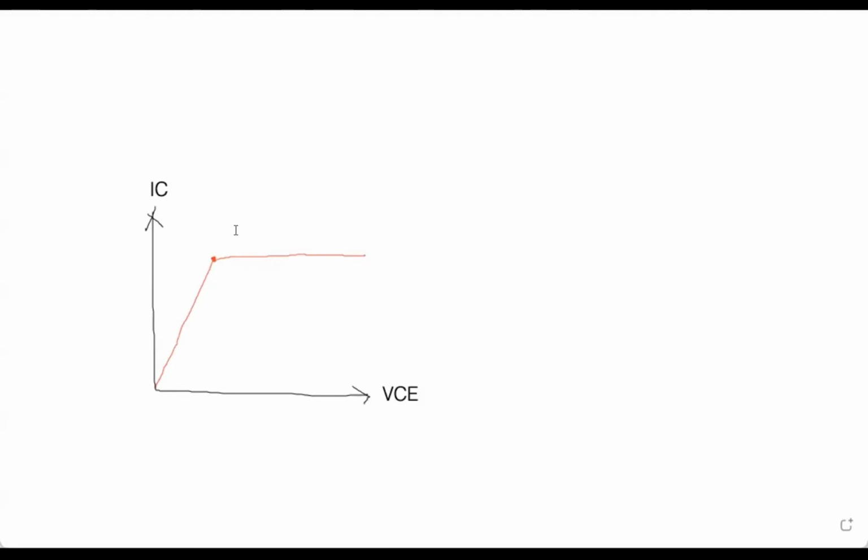And for the bipolar amplifier, this region is what we refer to as the active mode of operation. This is the region wherein the collector current is almost constant. And from this point downwards, that is what we refer to as the saturation operation.